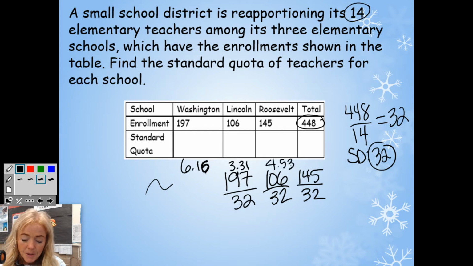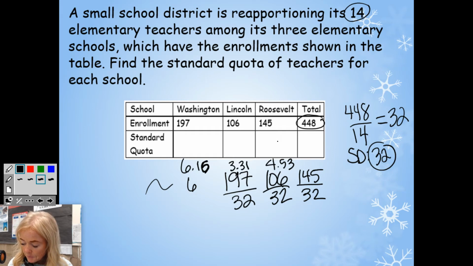Now, the issue here is when we figure out how many teachers should be at each of the schools, we round down. So we should just have 6, and then 3 for Lincoln, and 4 for Roosevelt. Even though Roosevelt is 4.53, which would normally round up to 5, what we always do is round down.